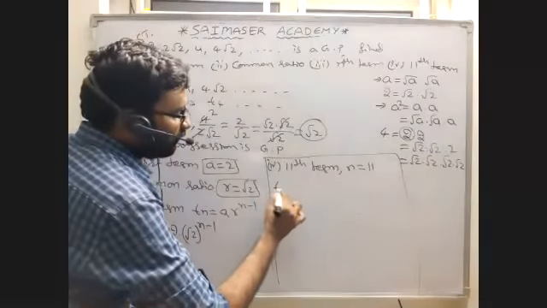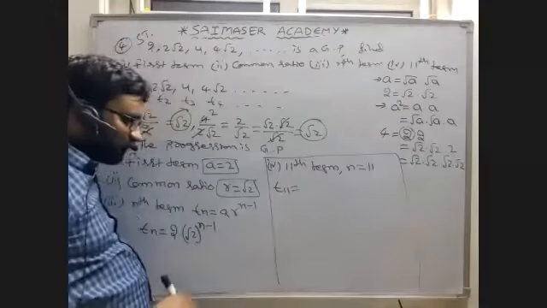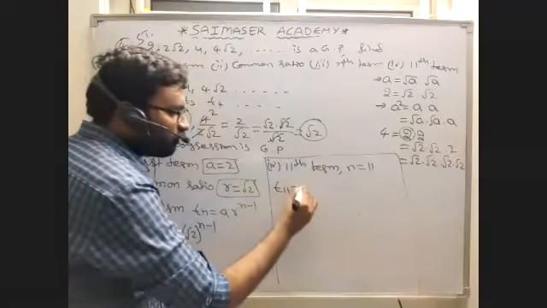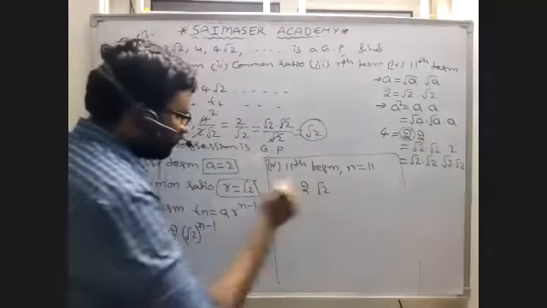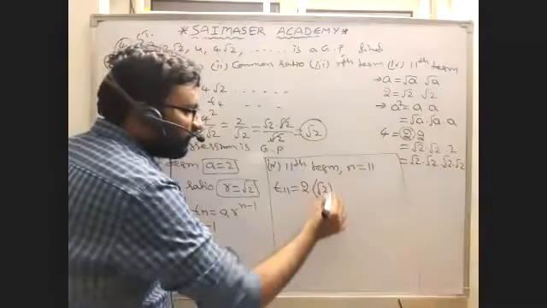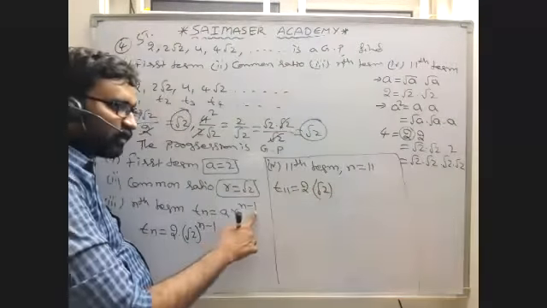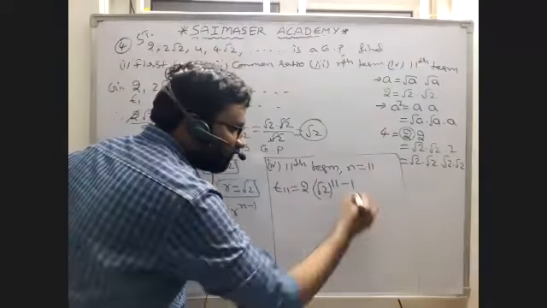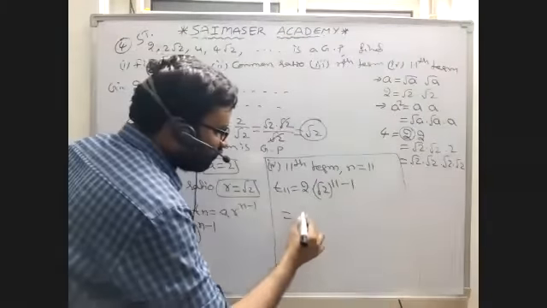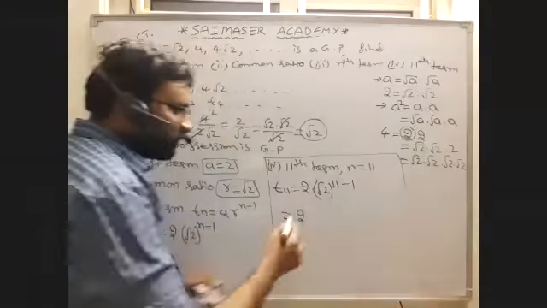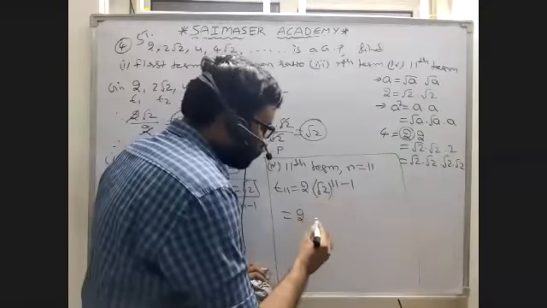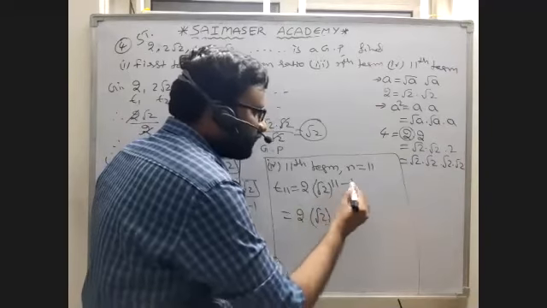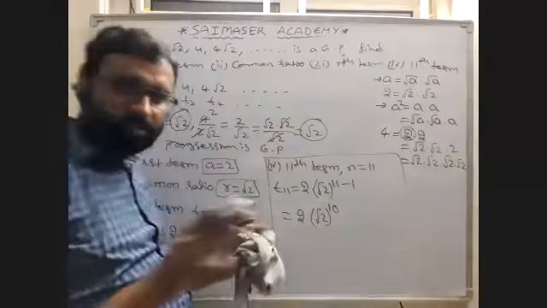So T11 is equal to a is 2 into r is root 2, we have already, root 2 power n minus 1. N is 11, 11 minus 1. So this is equal to 2 into root 2 power 10. 11 minus 1 is what? 10. The solution is completed.